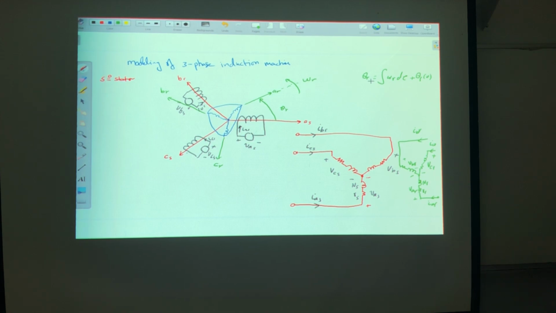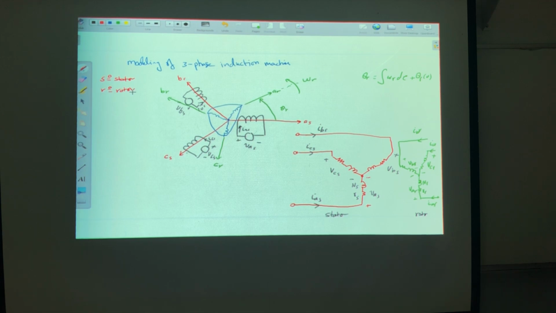Okay. Good. Now I need to represent a mathematical model for the stator circuit and for the, let's say, the rotor circuit. So this is the stator and this is the rotor. And as we said, S stands for the stator and R will stand for the rotor.